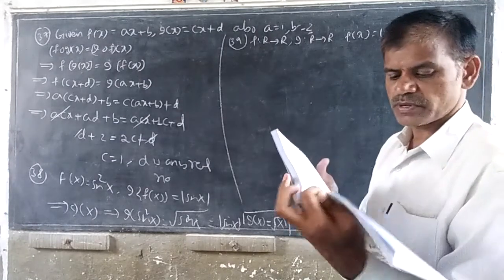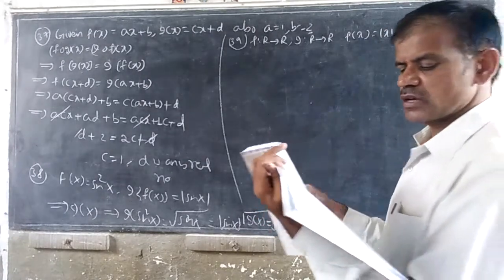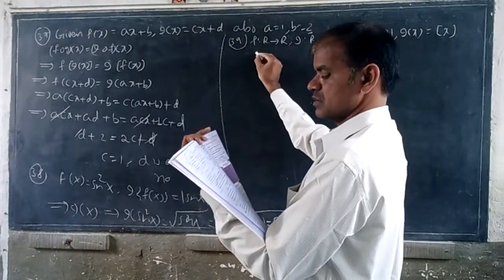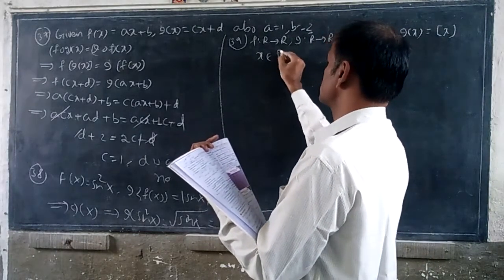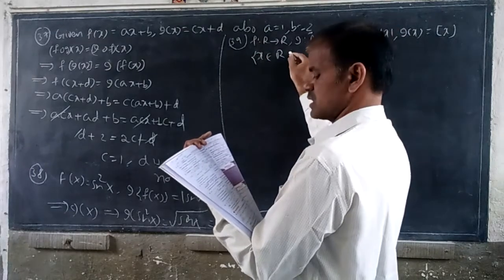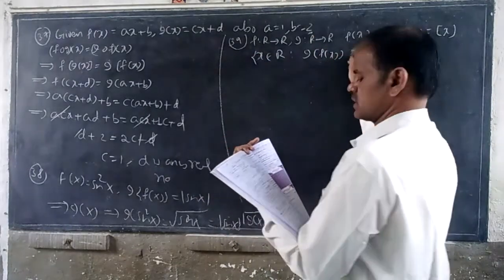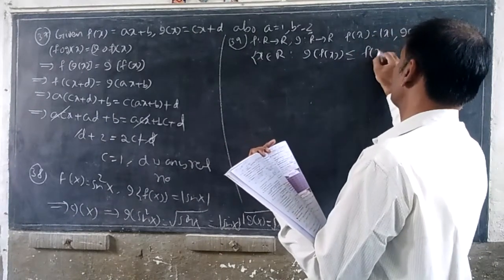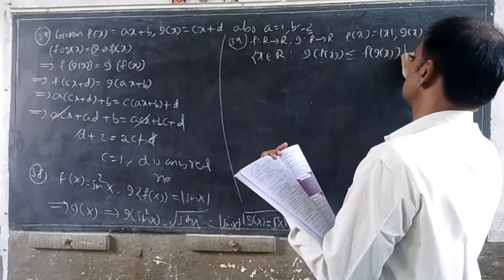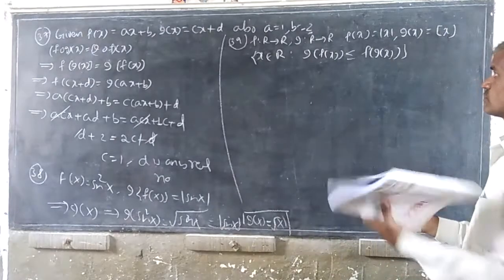The set of x belonging to R such that g of f of x is less than or equal to f of g of x.